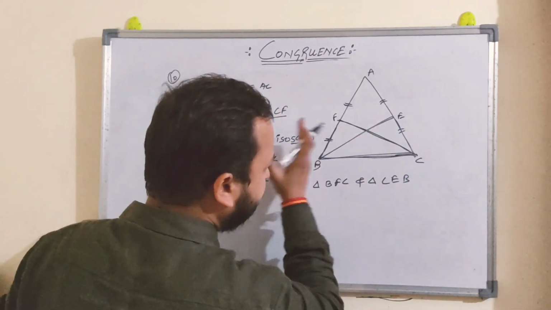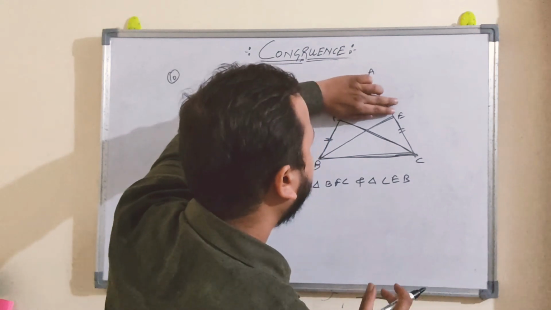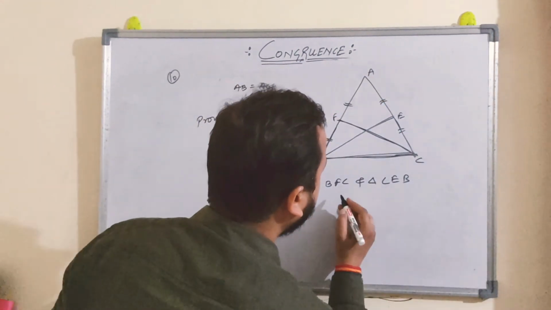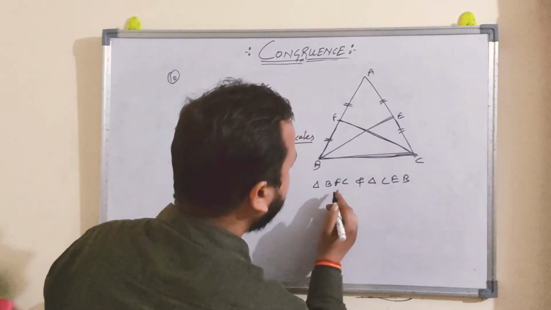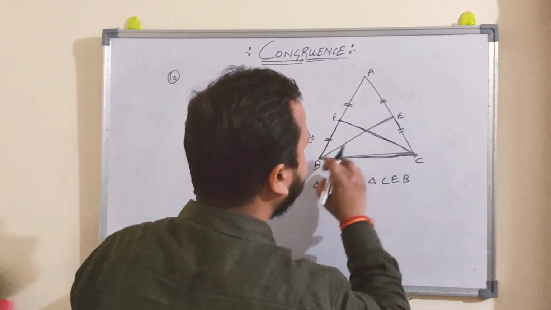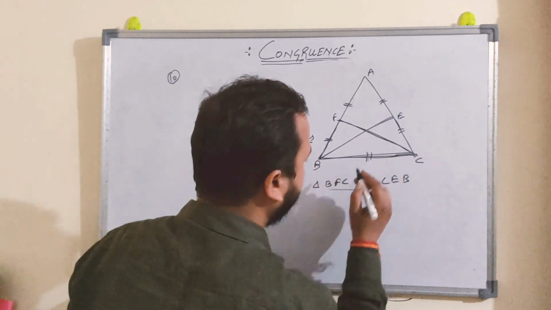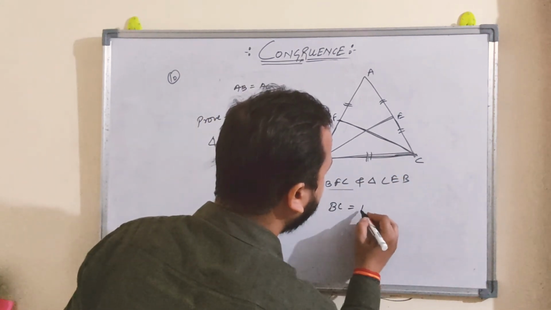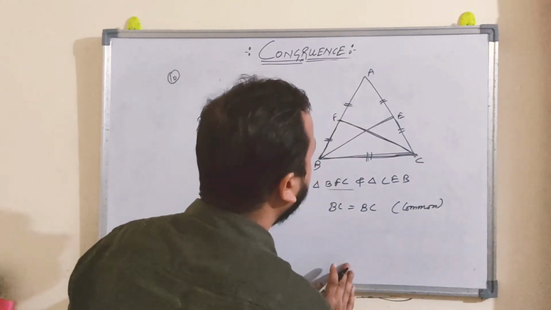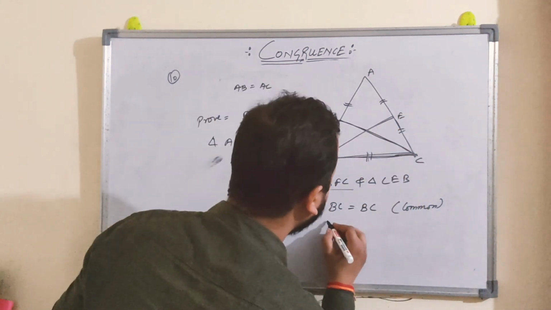So if you separate it like the earlier question, where we separated because we were having this type of figure, you will be left with BFC and CEB, right? So you know that this side is common, so BC is equal to BC, right? This is common, and BF is equal to CE, it is given.